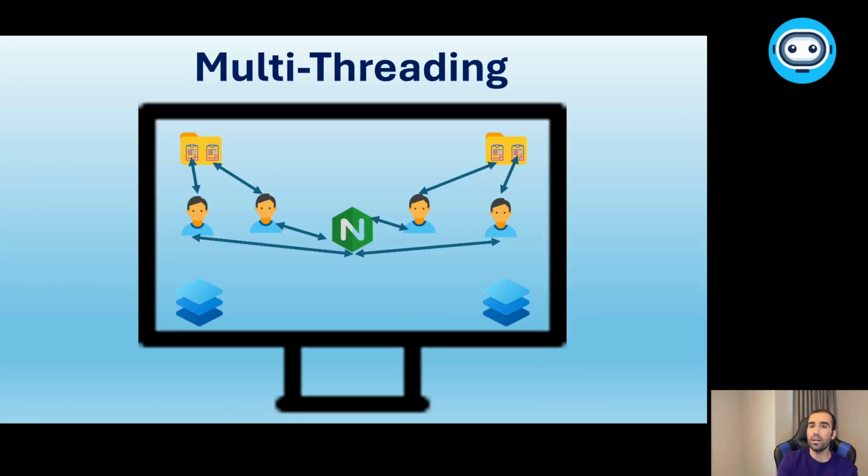But another option is multi-threading. Multi-threading is different from multiprocessing. How does it differ? This time, imagine that instead of having employee 1, employee 2, employee 3, each with their own specific system with some files and folders, I again have multiple employees, but I'm saying that all of you only get access to my main computer.